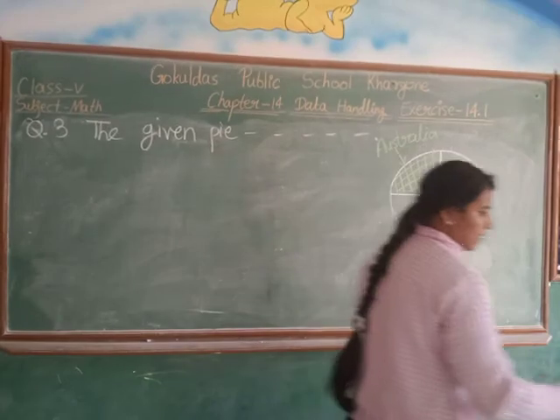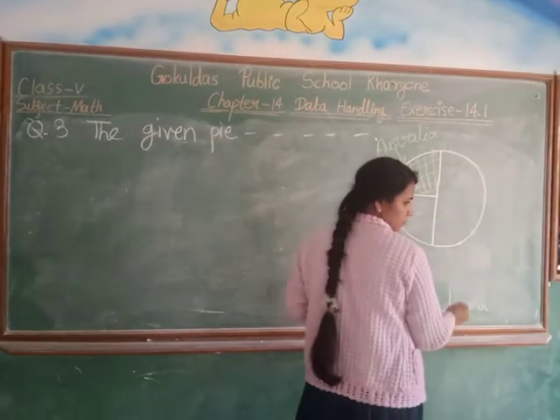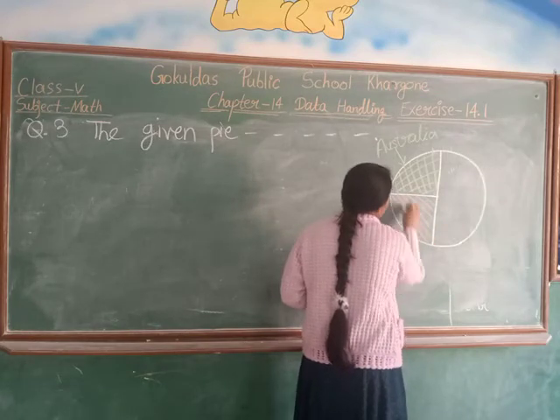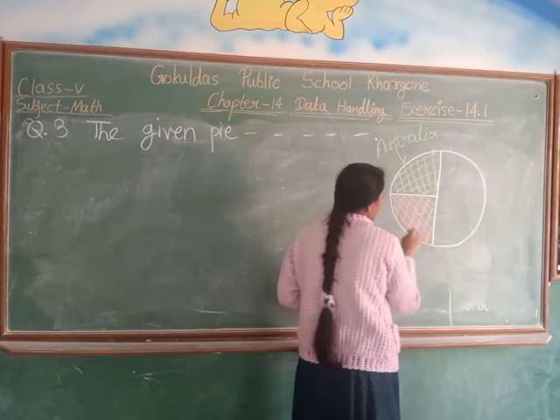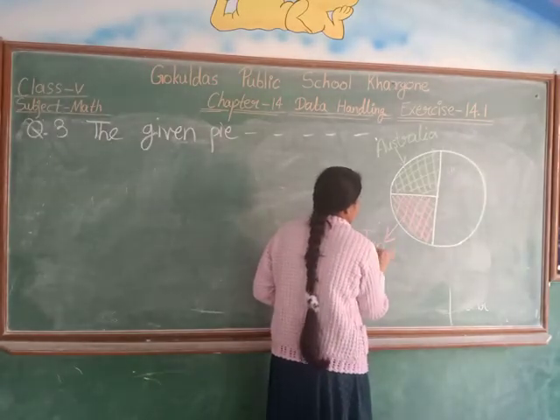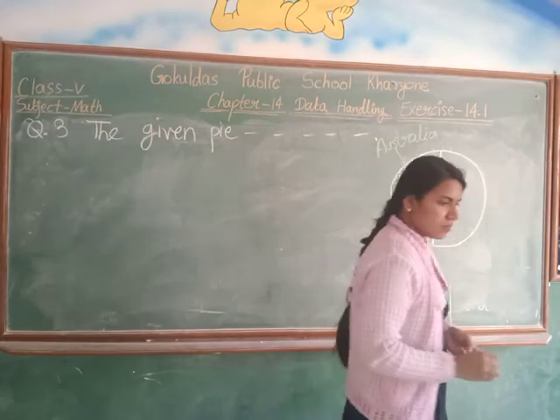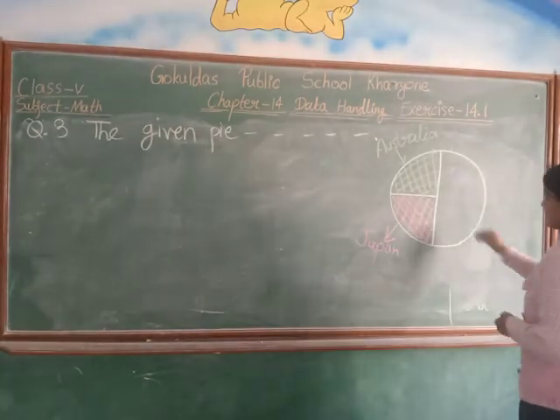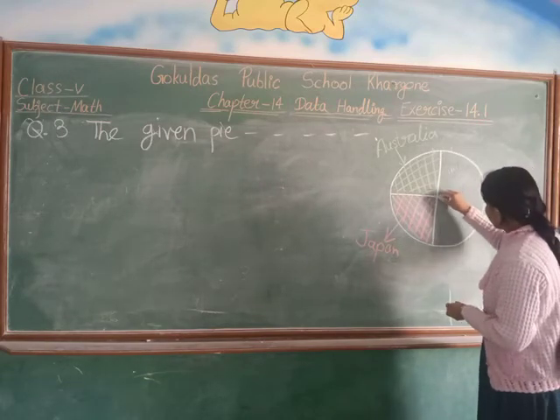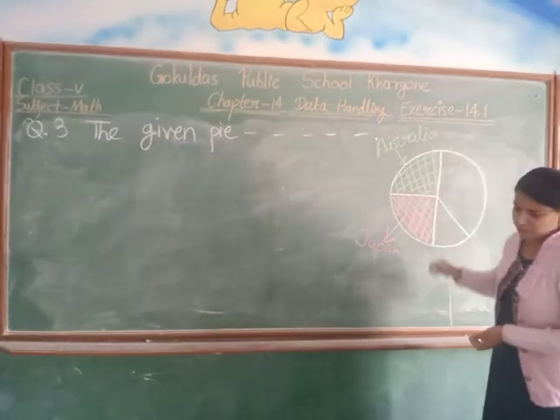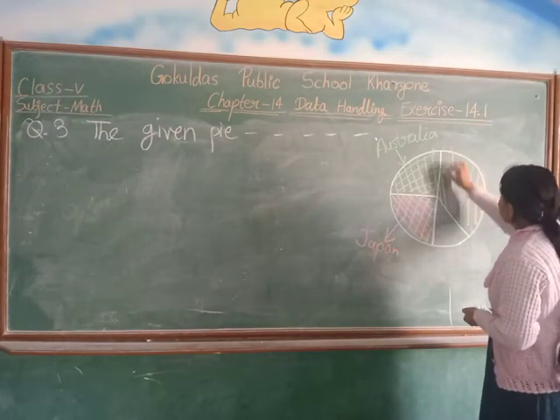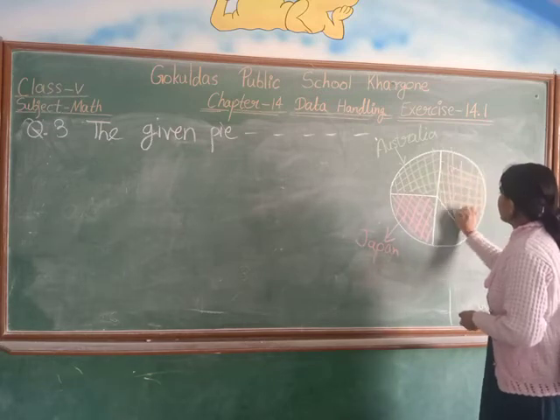Australia. Then this part is showing which country? It is showing Japan. Then this part is showing which country?